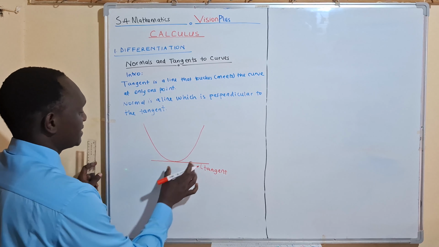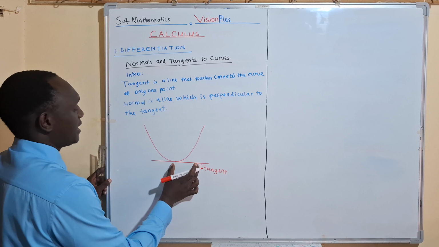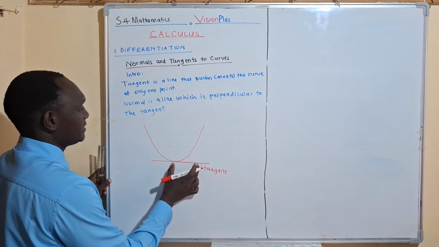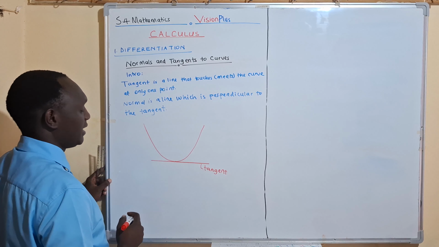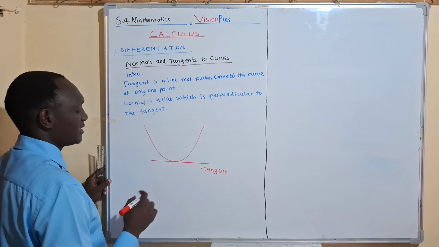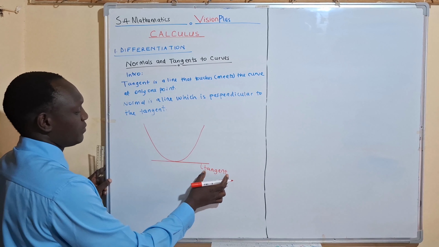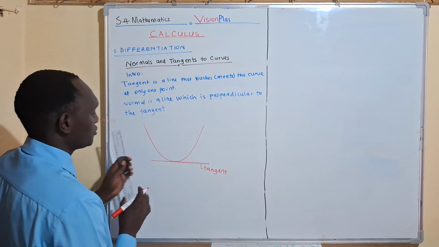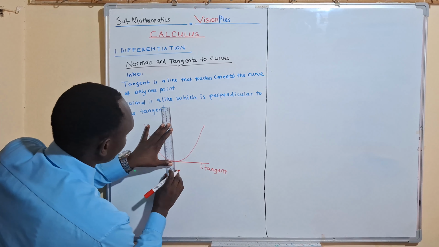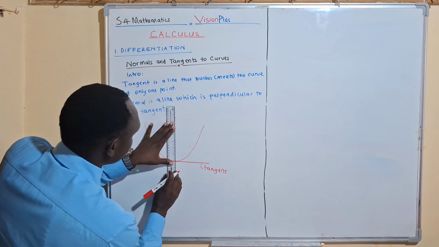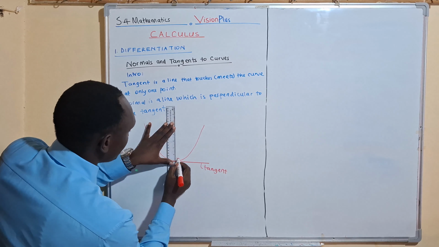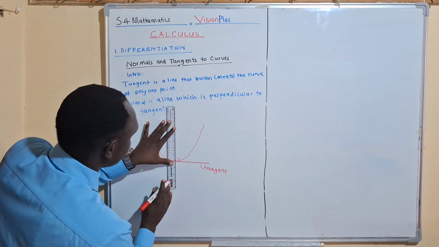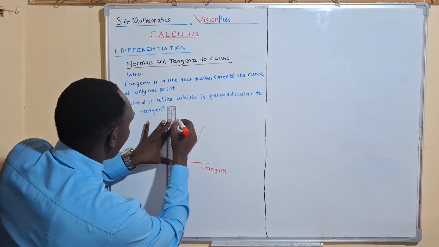Now, what is a normal? The normal is the line which is perpendicular to the tangent. In other words, it is a line that makes a right angle with the tangent. So you draw a line which makes an angle of 90 degrees with the tangent, and that becomes our normal.